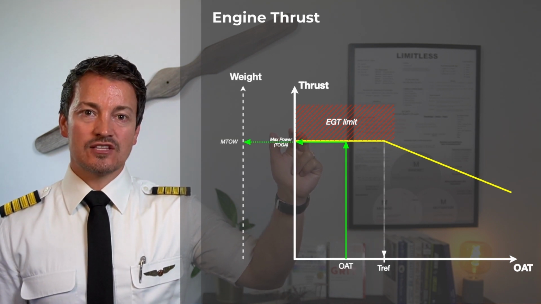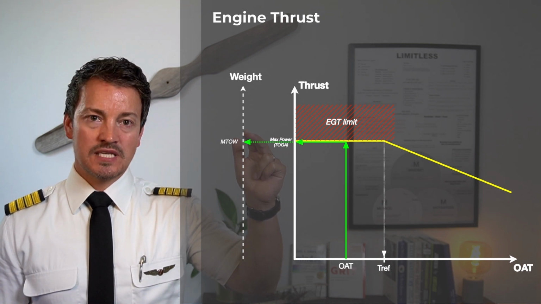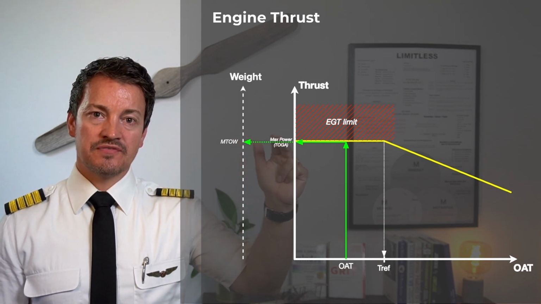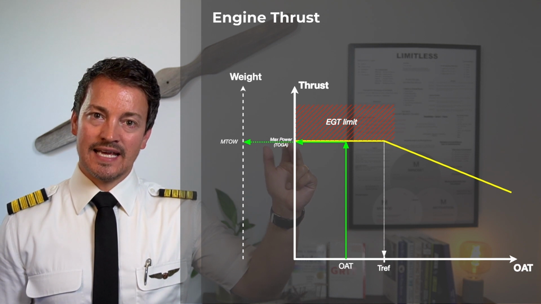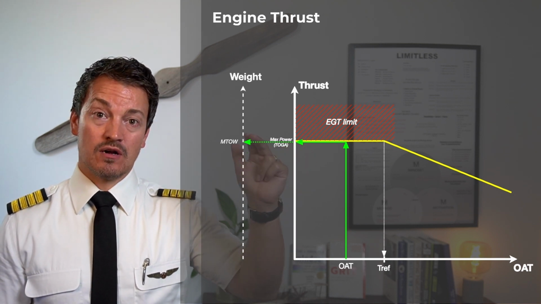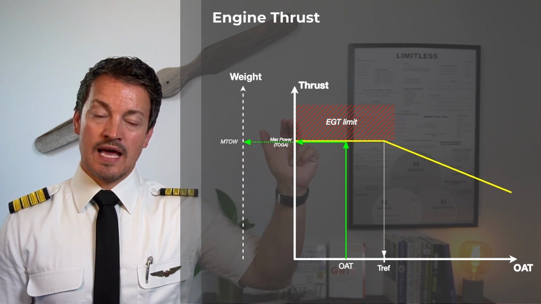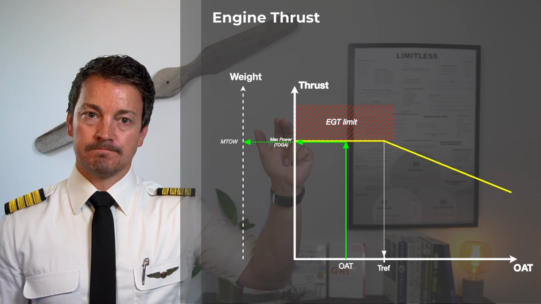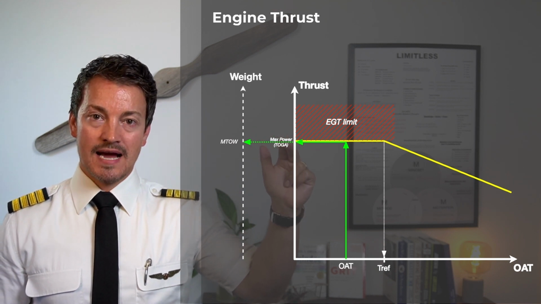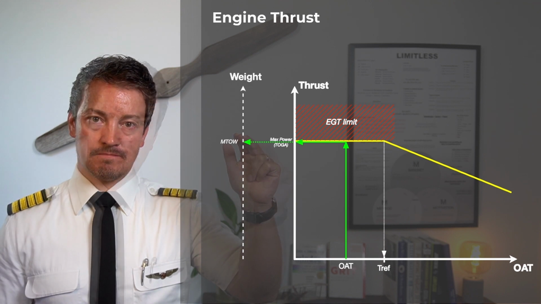But we can actually relate that straight into a weight, maximum takeoff weight. Because if that is the maximum power I can get today, then that must be the maximum weight that I can take. I can't get more power, therefore I can't take more weight than that. If I were to take this weight, I will need that power, which I can get. So that's very simple. Maximum power equates to maximum takeoff weight.